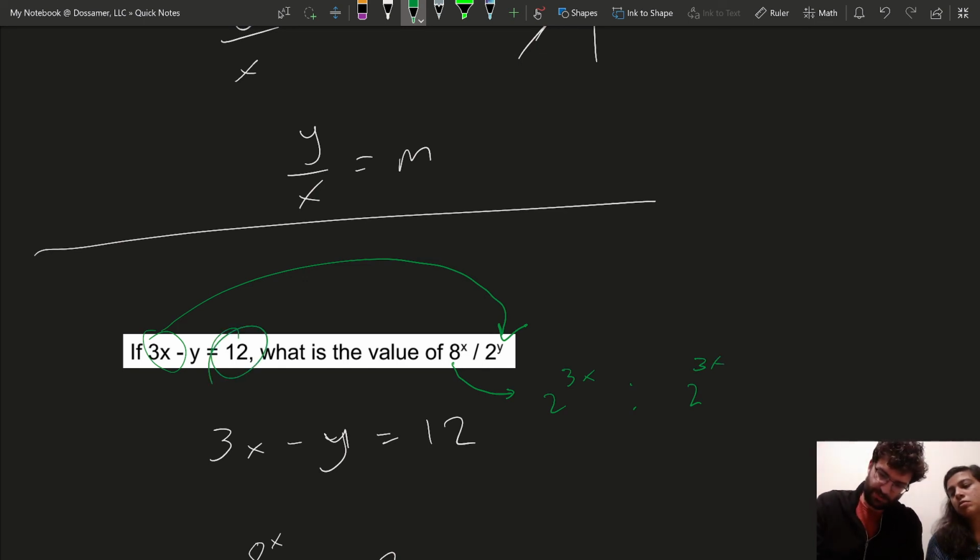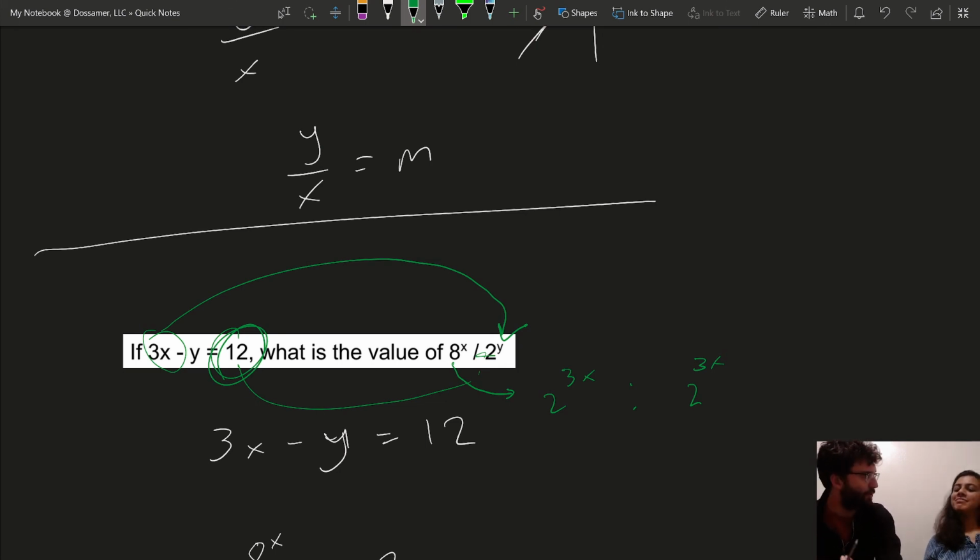When we plug that 3x into the 2 to the y, and we decompose the 8 to the x into a 2 to the 3x, we end up with this symmetry where 2 to the 3x is the same as 2 to the 3x, and then we end up basically just with that 12.